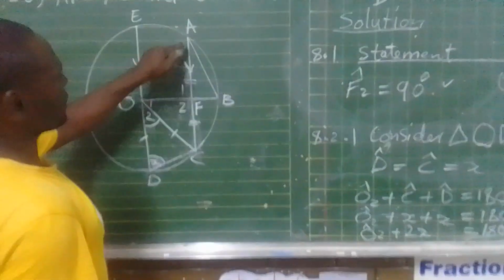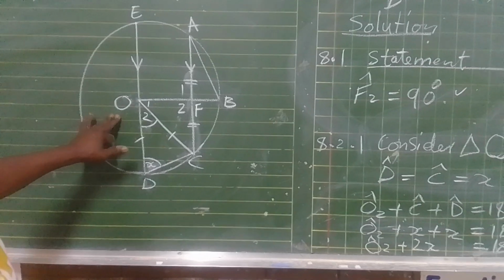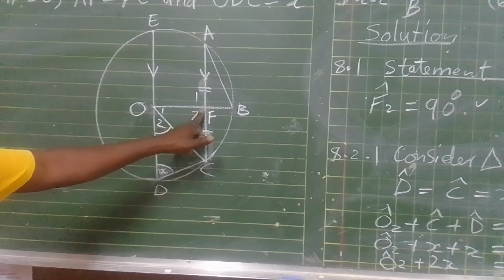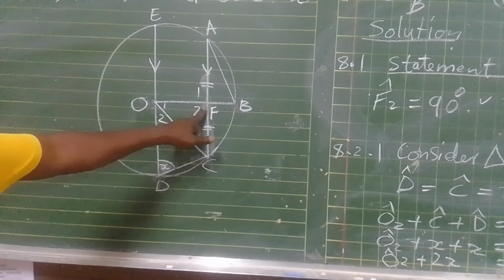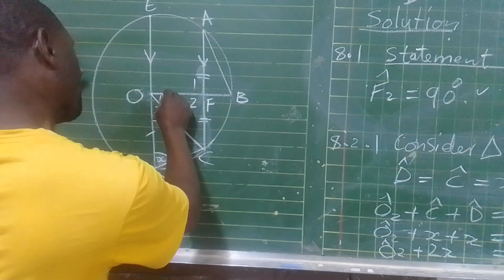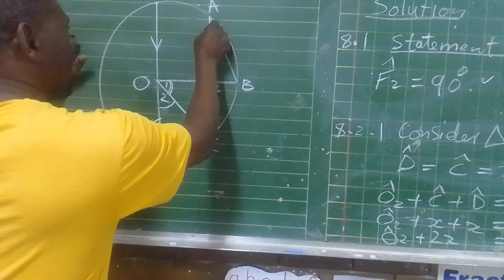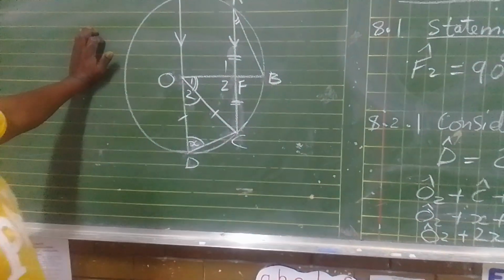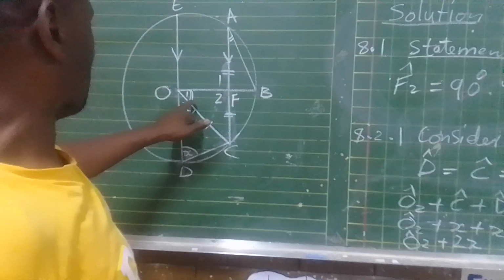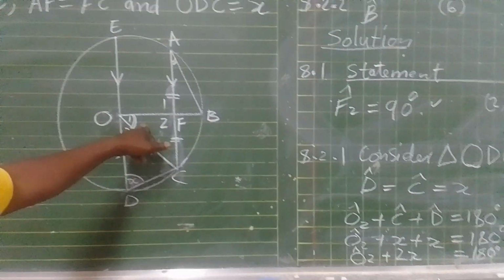We have proven that F2 is 90 degrees. Then we must prove the relation between this angle here and this angle here. Then we must find O1. I believe we must find O1 in terms of X as well.